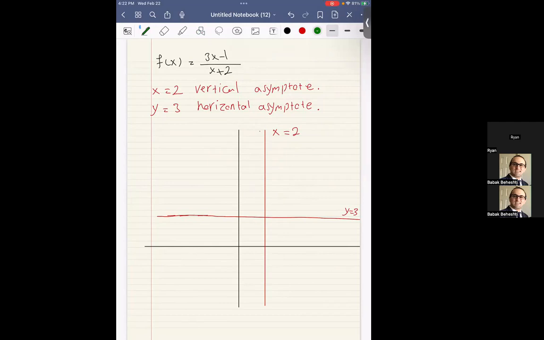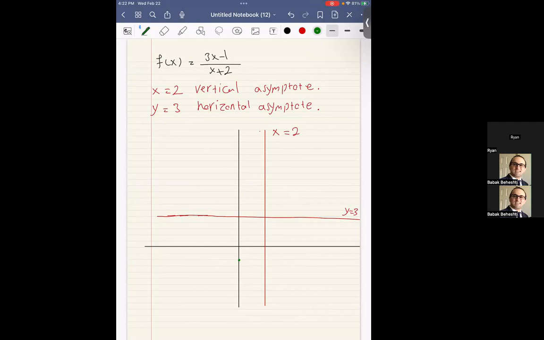So this function, when x equal to 0, is -1/2. So at 0 it is -1/2, so it crosses this point. And when x equal to 1/3, it will be 0.